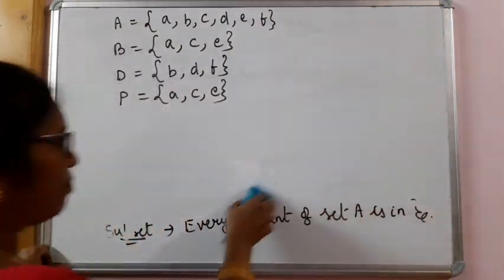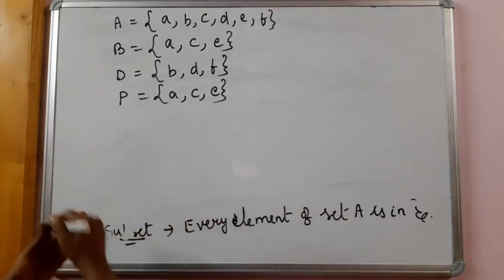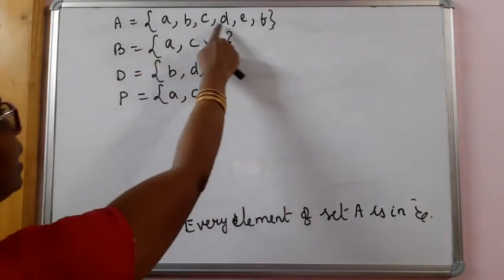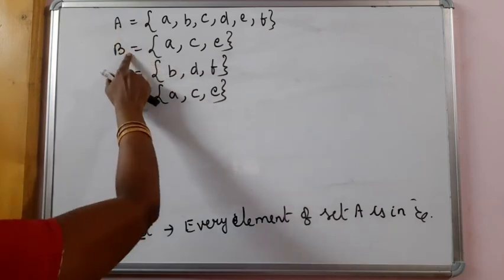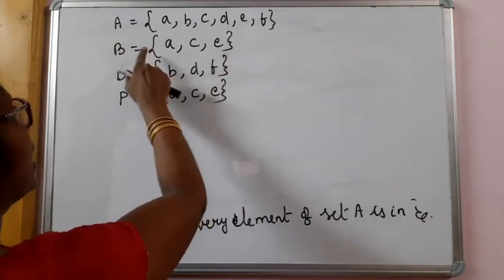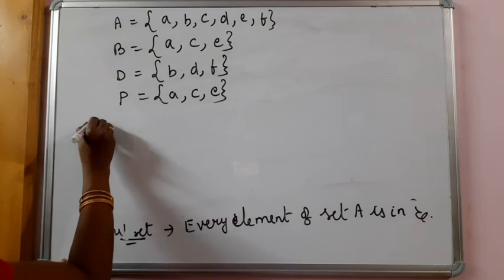With these four sets, let me explain clearly what is a subset and what is a proper subset. Here we can see A has a, b, c, d, e, f, and B has a, c, e.